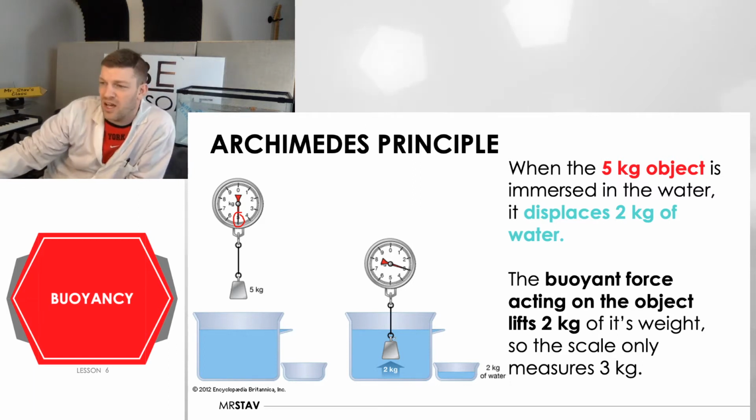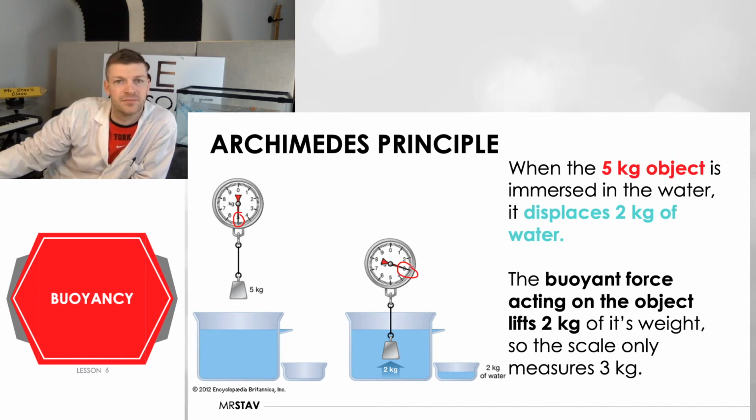So you'll notice that underwater, this weight now only weighs 3 kilograms. So what's holding that weight up? It's the buoyancy. So the buoyancy is actually lifting 2 kilograms of the 5 kilogram weight.